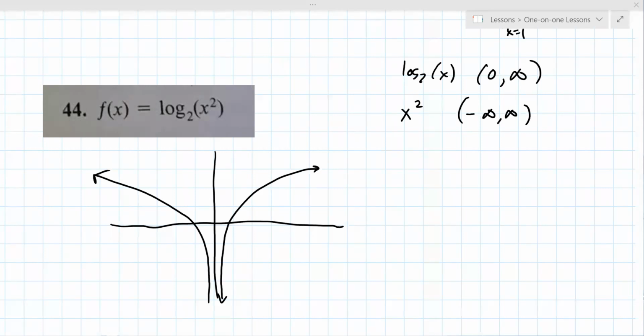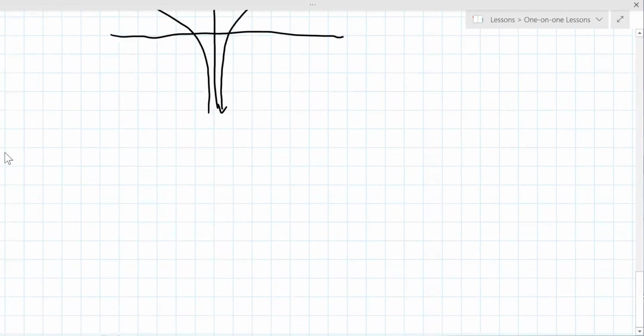All right, on to 45. Explain how the graph of the function can be obtained. Okay, so this is like what we've been doing. It's how I would emphasize all this stuff to you, which is transformations.